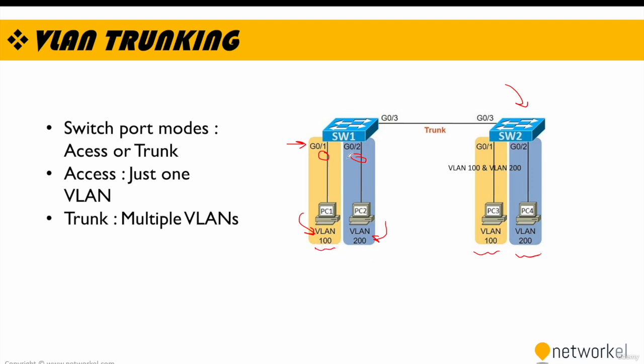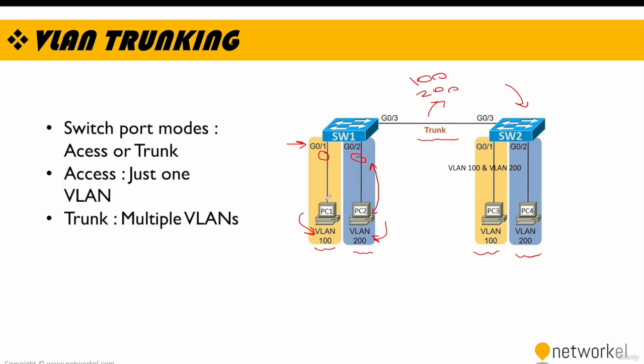Okay, Gigabit Ethernet 0/2 port is also an access port. It is connected with only one VLAN, and that is VLAN 200. On the other hand, there is a trunk port configured here. Trunk port means it can carry multiple VLANs. This trunk port should carry VLAN 100 as well as VLAN 200.